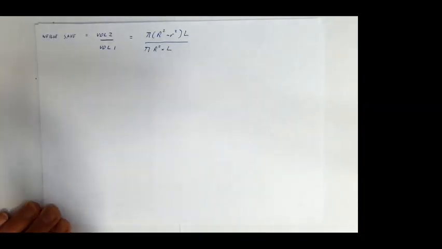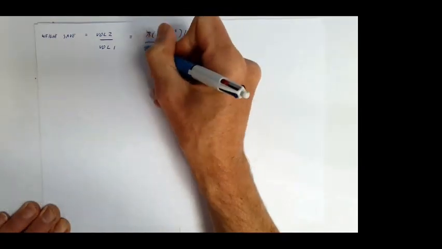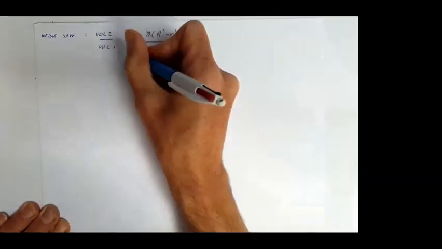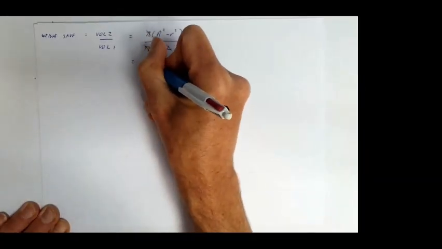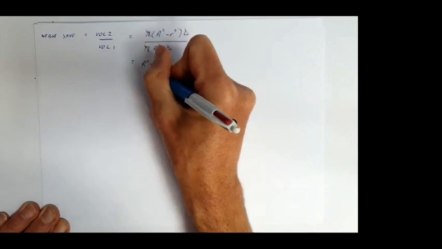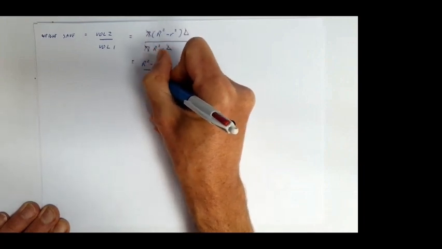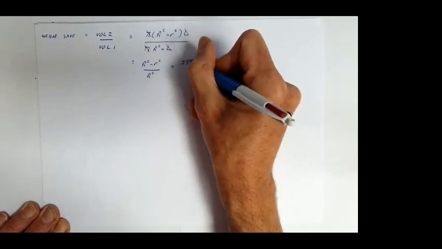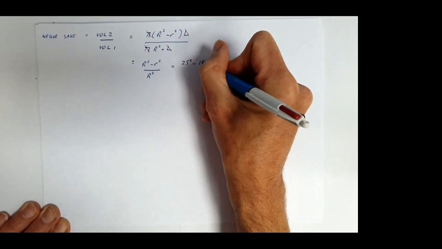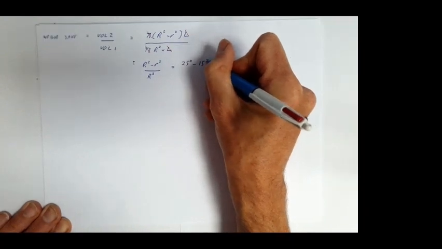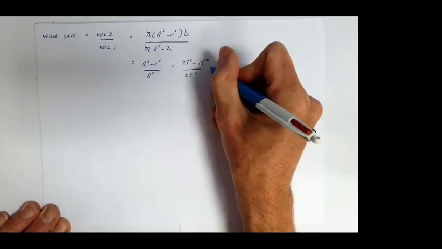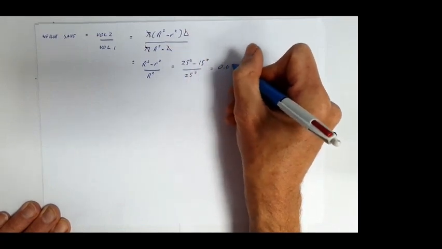Now clearly we can simplify a lot of that. π cancels out. The shaft is of the same length, so we're going to end up with (R squared minus r squared) divided by R squared, which is equal to 25 squared minus 15 squared divided by 25 squared, equals 0.64.